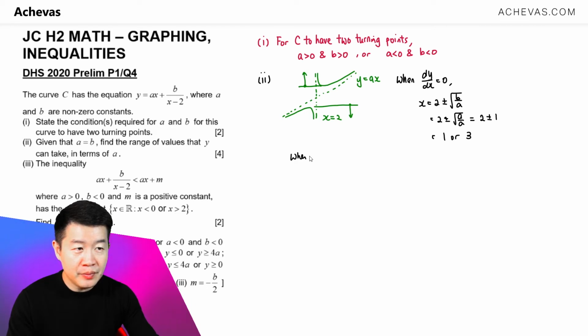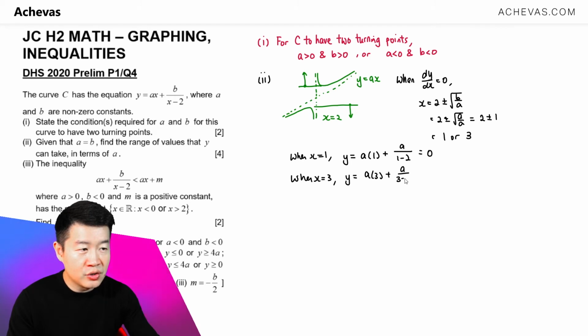So when x is equal to 1, let's find the corresponding y coordinate. That will be a times 1 plus b, I'm going to just replace it by a, so a over 1 minus 2. This is equal to 0. And when x is equal to 3, then y is equal to a times 3 plus a over 3 minus 2.